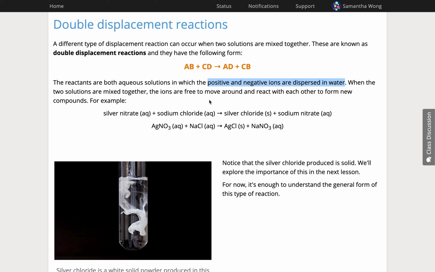For example, what's happened here? We've got silver nitrate in solution plus sodium chloride in solution. These ions break apart, they mix with the water, and then they react to form silver chloride, solid, plus sodium nitrate in solution. So once again, we've got the word equation up the top and the chemical equation down below.